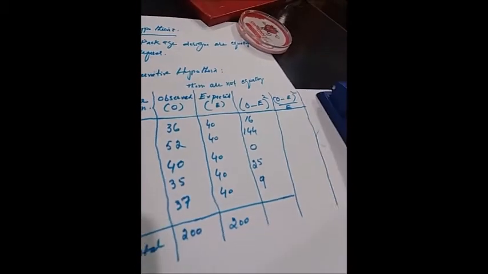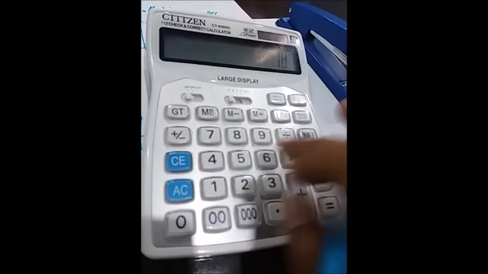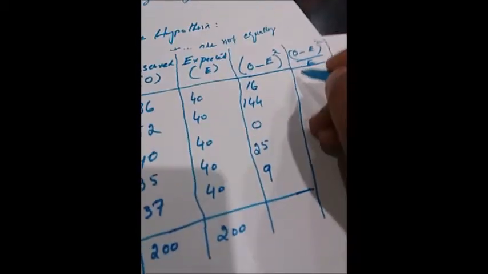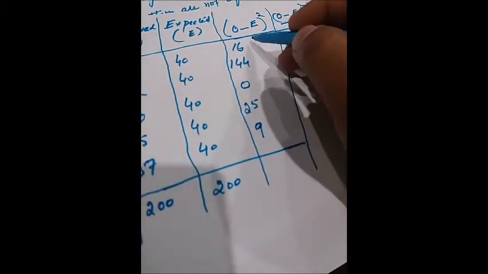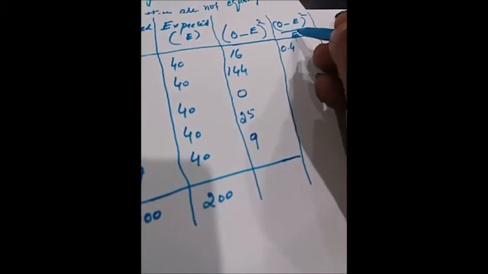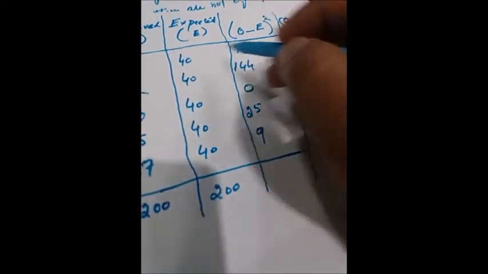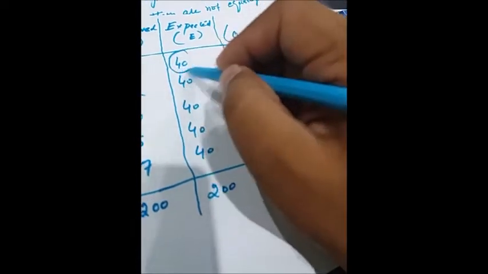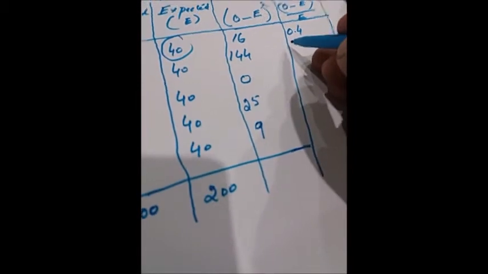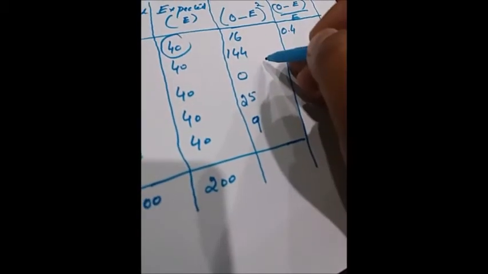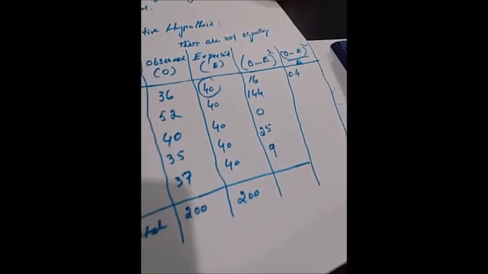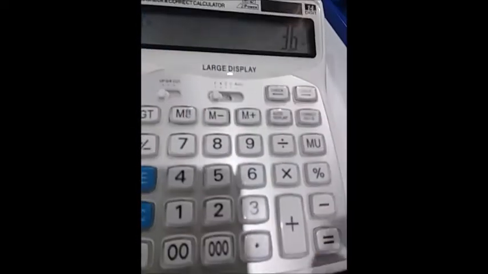So 16 divided by 40 is 0.4. 144 divided by 40 is 3.6.